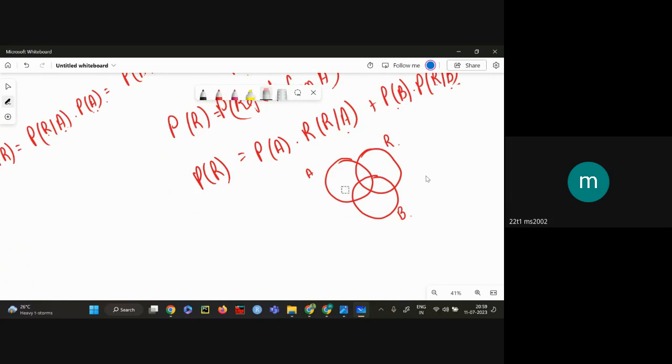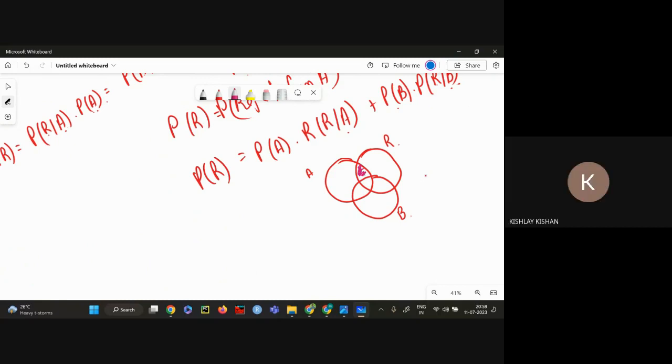If I shade the area of A, it's only the probability of A. The intersection part is basically A and R, that is both A and R. If you ask me to shade this region, it is both A and R. That would be A intersection B, not A condition B. So you cannot represent a condition in a Venn diagram.